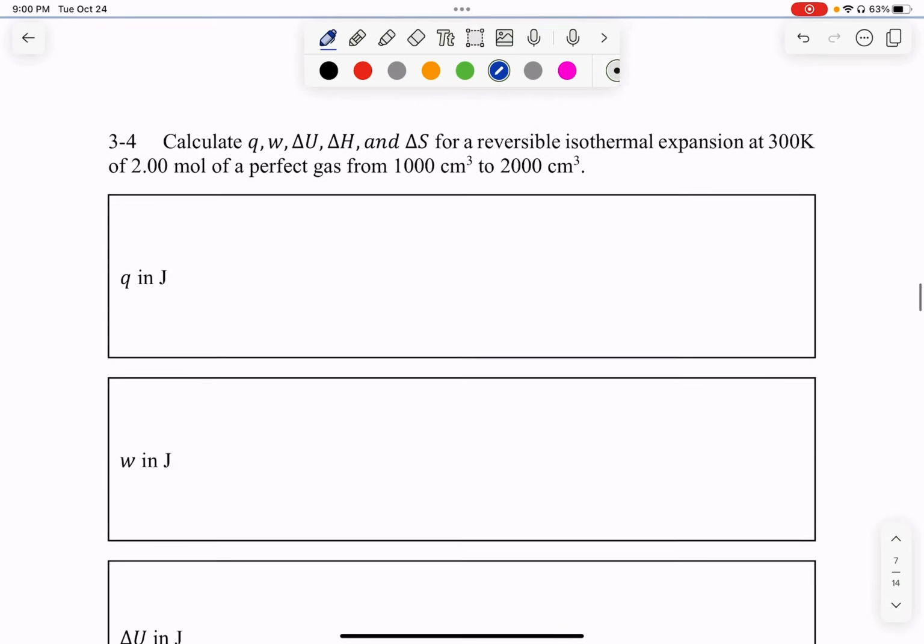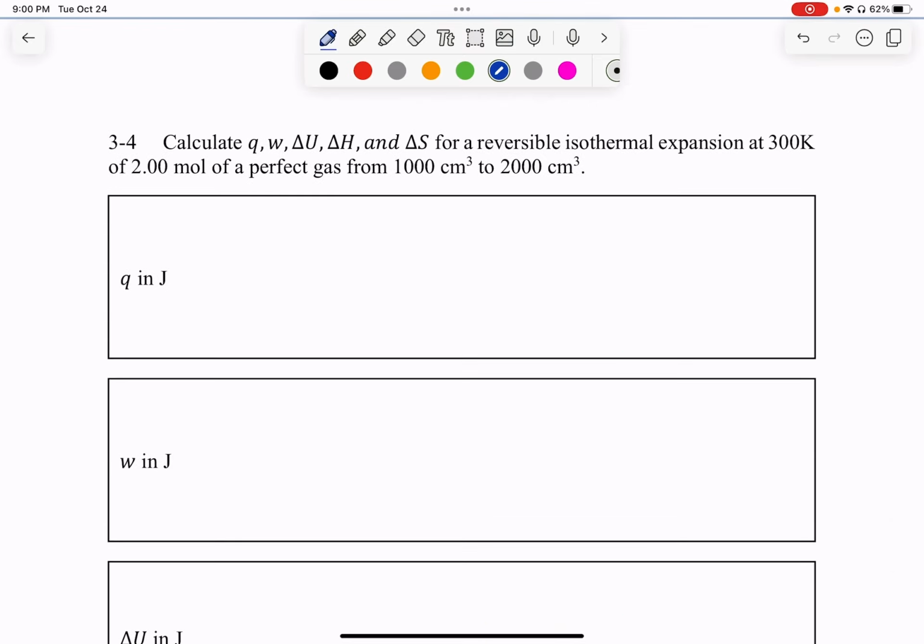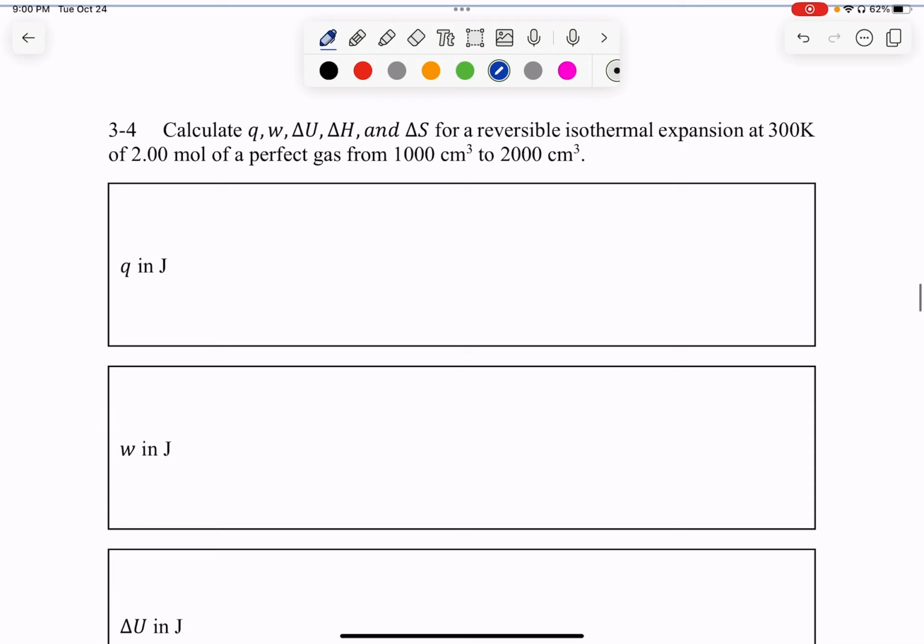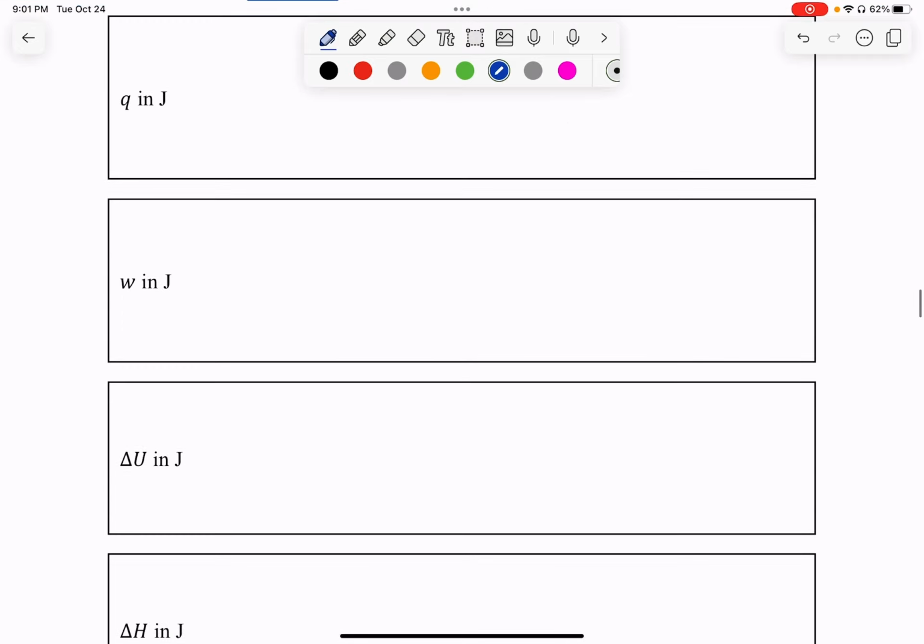Right. Next up, 3-4. The question asks you to calculate Q, W, delta U, delta H, and delta S for a reversible isothermal expansion at 300 K of 2 mole of perfect gas. We know the initial volume and final volume. So first thing first, when we know it is an isothermal expansion of a perfect gas, we can instantaneously write these two terms to be zero.